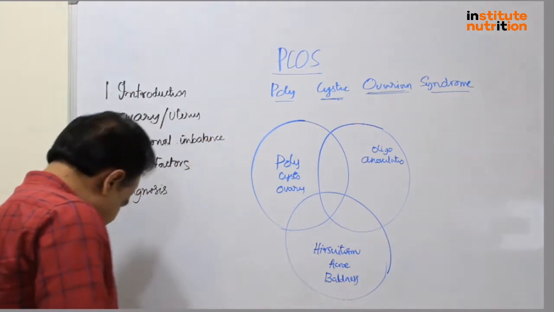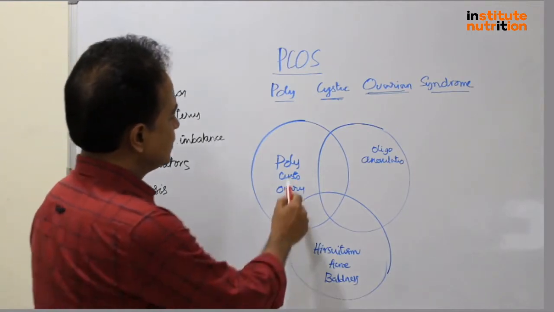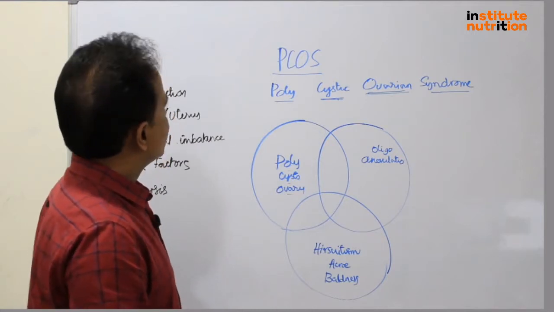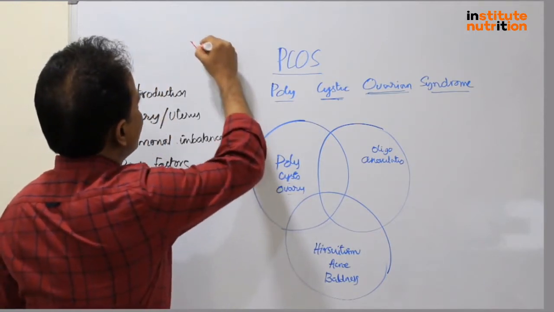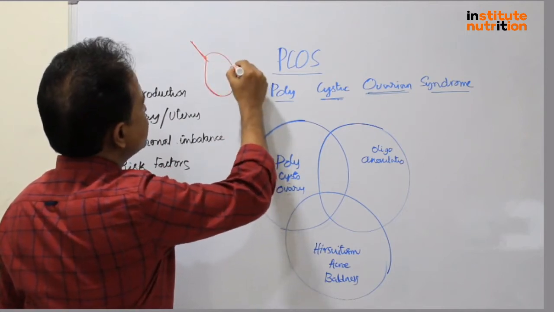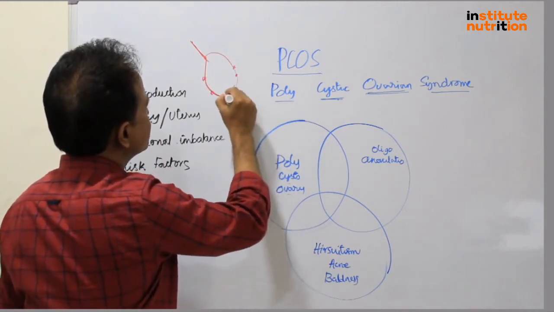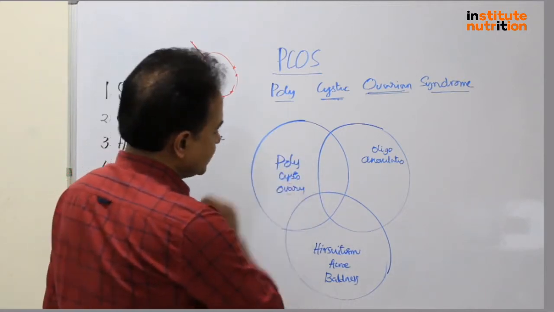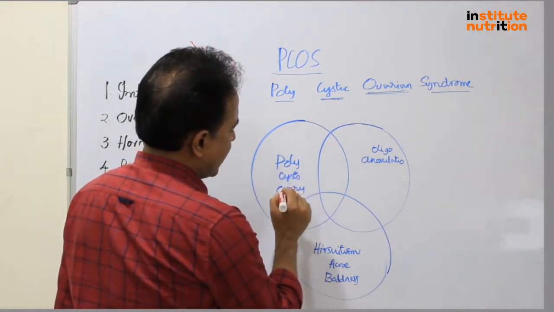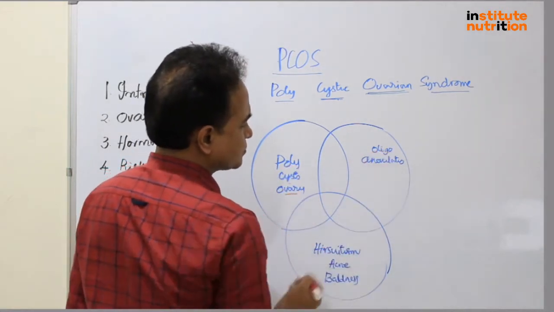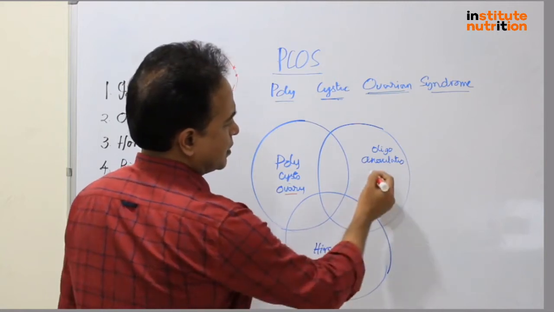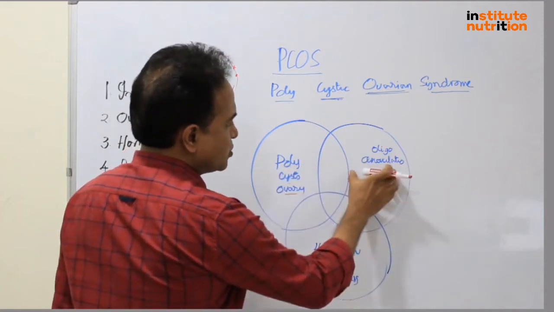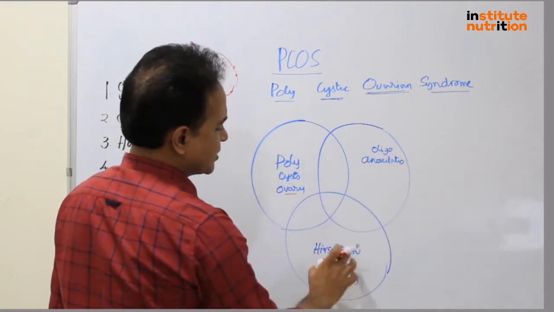So our patient may present with only cysts in the ovary. When they do an ultrasound, the ovary may contain some cysts on top of the ovary like this. This could be the presentation. The polycystic ovary and oligo or anovulatory presentation, either these two conditions can present, or these two, or these two.